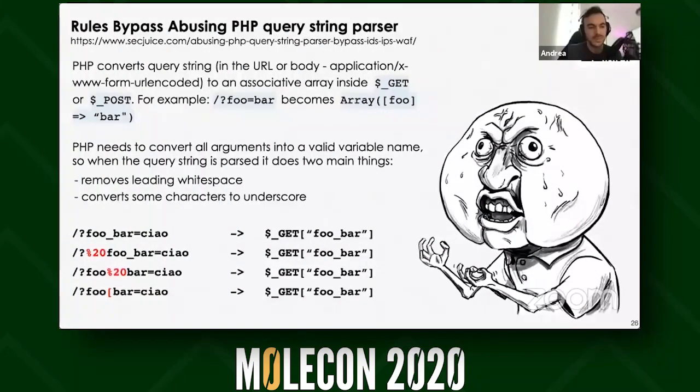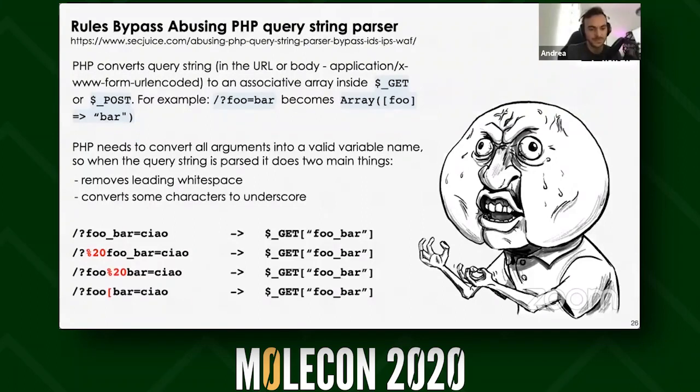For example, with the argument name foo_bar, foo_bar is the key of the associative array inside the global $_GET variable. But if you put a white space before foo_bar, PHP removes it, and your argument name becomes the same variable name, foo_bar, inside the global variable $_GET.